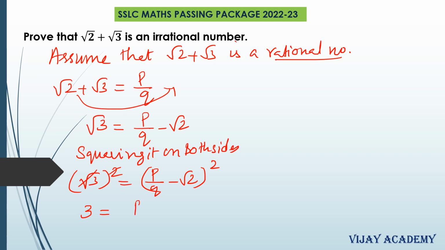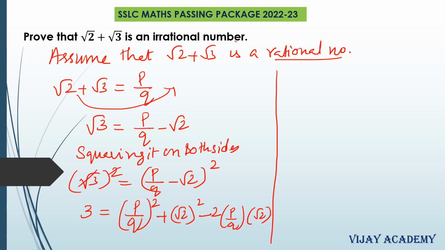So that will give you p by q the whole square, plus root 2 the whole square, minus 2 into p by q into root 2. On simplifying this, we get 3 equals p square by q square, plus 2, minus 2 root 2 p divided by q.